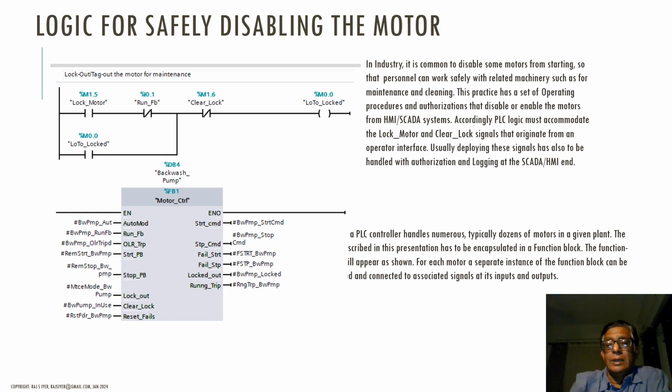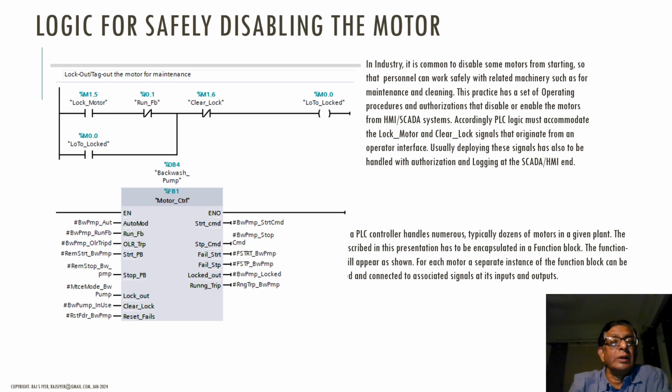In plants and all now, all these things have become routine. Safety is very important. To disable the thing, such signals are necessary for logging in SCADA, so that from these signals it is possible to find out also how long it was taken out of service, put in lock mode for the sake of maintenance, cleaning and all that.